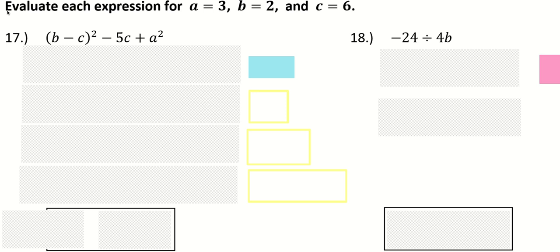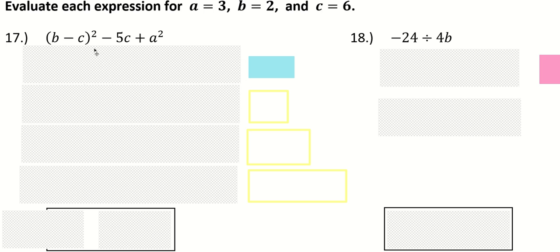Remember how when you see the word evaluate, very often you're supposed to be simplifying an expression, but at first it's got variables, and of course in the directions they don't even try to hide it. They say, by the way, A is actually 3, B is actually 2, and C is actually 6.